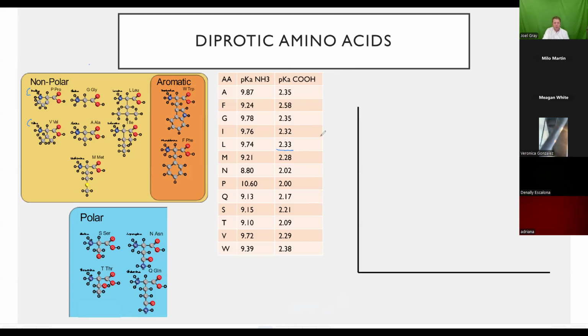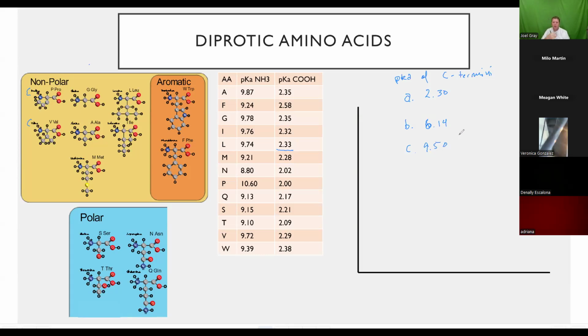I will, however, give you a couple of different answer options for the pKa of a C termini, the carboxylic acid that's on the right-hand side of your amino acid. I might give you options like 2.30, 6.14, and 9.5.